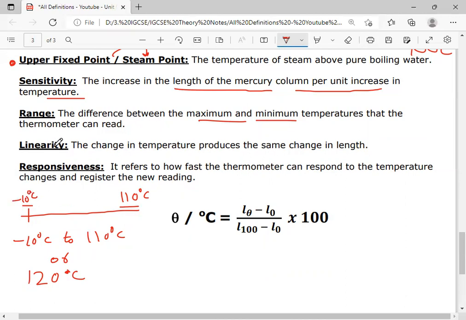And then there is a relation between sensitivity and range, and that is: sensitivity is inversely proportional to range. So the larger the range, the lower will be the sensitivity, and the smaller the range, the larger will be the sensitivity. Let's suppose we have two thermometers like this.